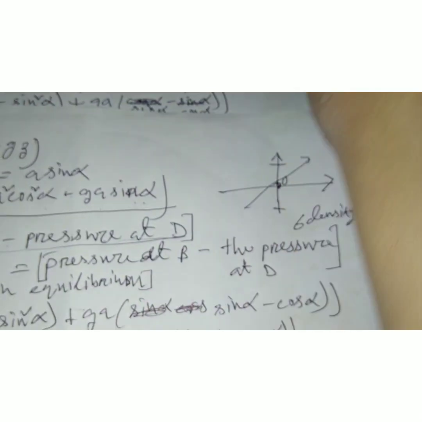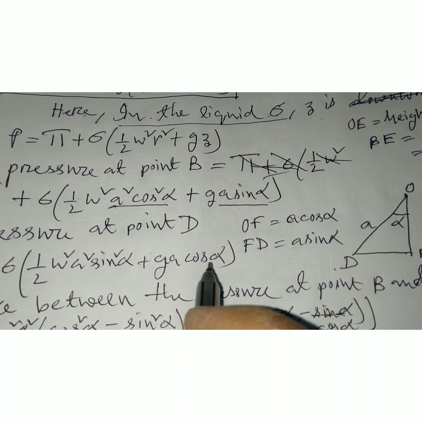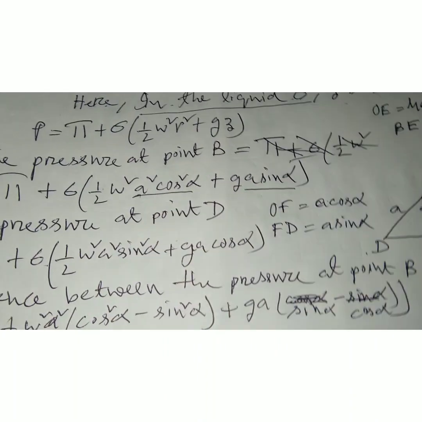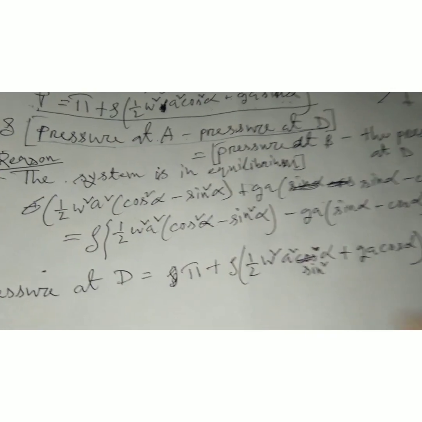Here, wherever I wrote sigma, I will write rho. So I mark it. This is the note.